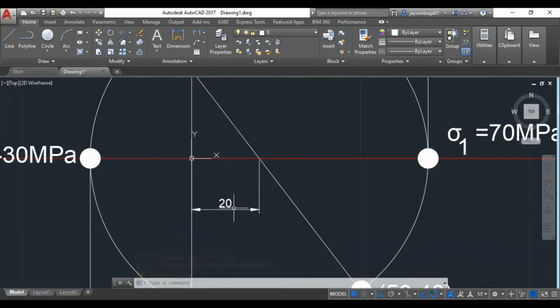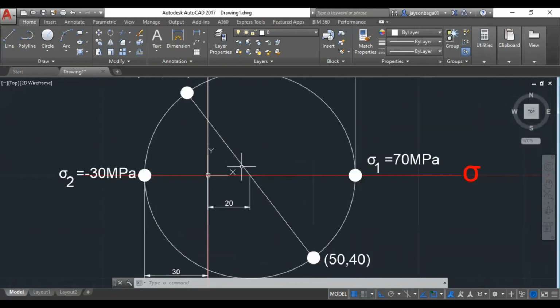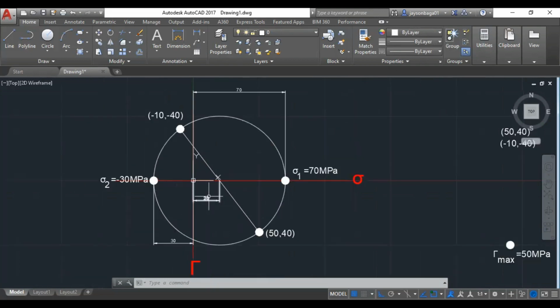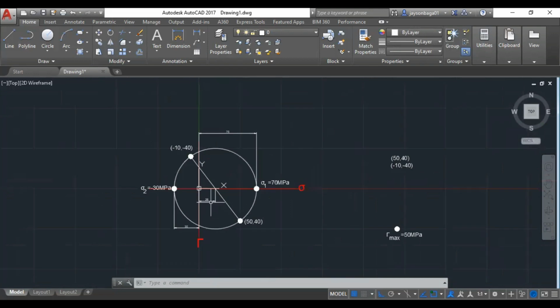Take note na kapag yung diameter ninyo is nandito sa kabilang side, susundan natin yung sign convention kung nasaan siyang quadrant. Halimbawa, sa quadrant 1, yung x natin is positive. Sa quadrant 4, ang x natin is positive. Sa quadrant 2 at quadrant 3, ang x natin is negative. So kaya dito, yung average stress natin is 20.